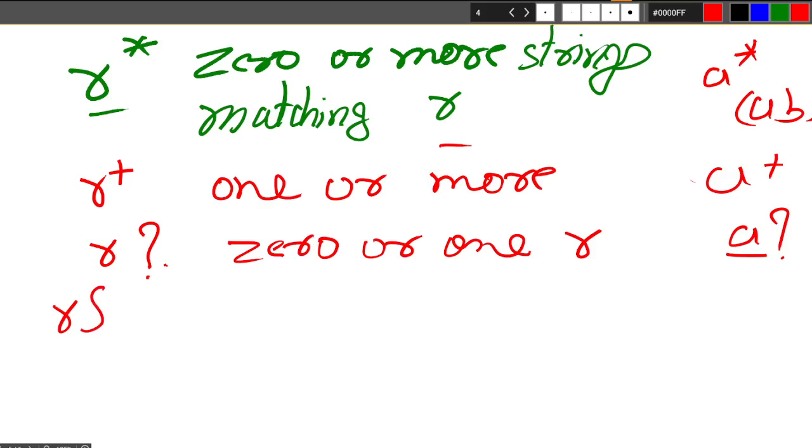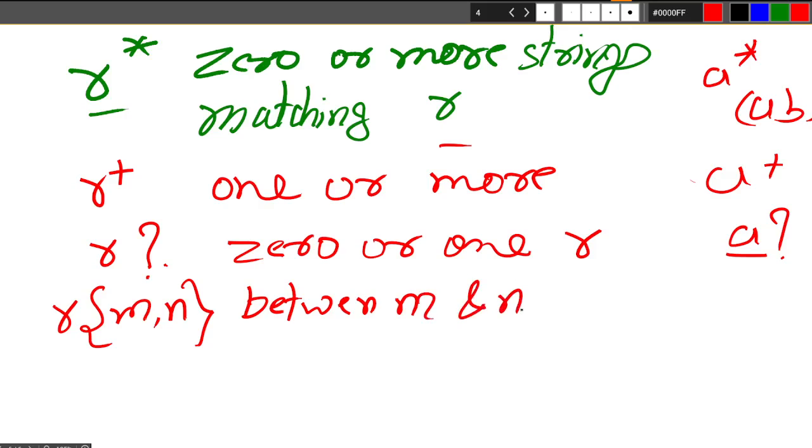In that case, you can specify here the numbers. So it will be between M and N occurrences. Suppose you are writing A and you can write 3 to 8, no problem.